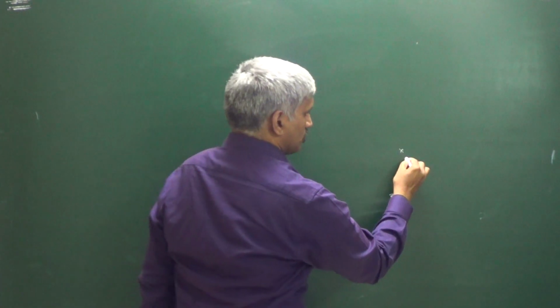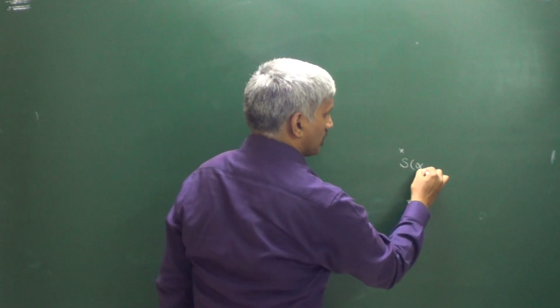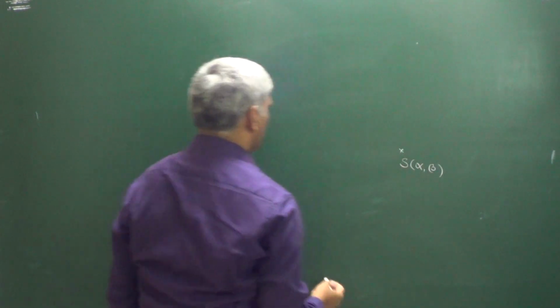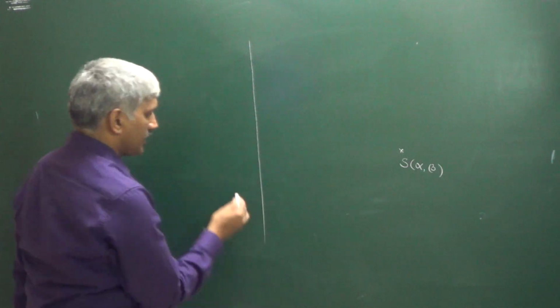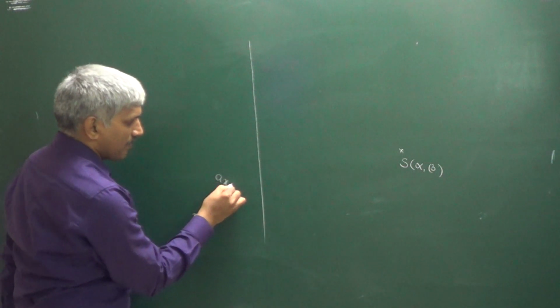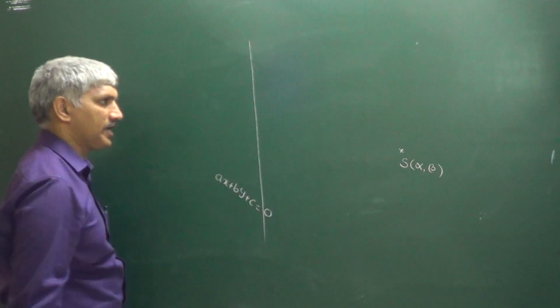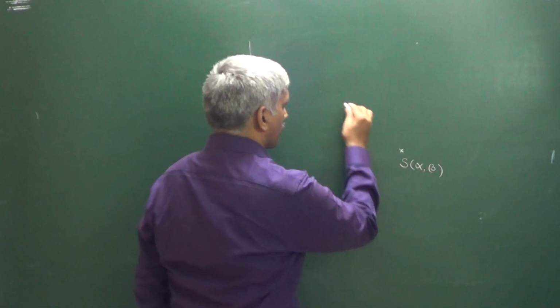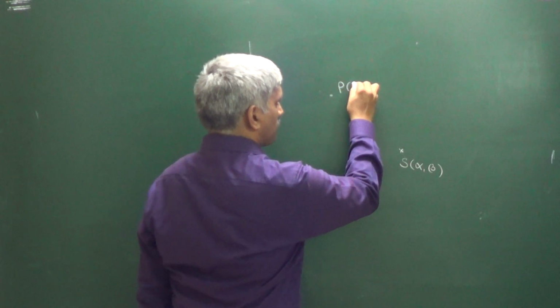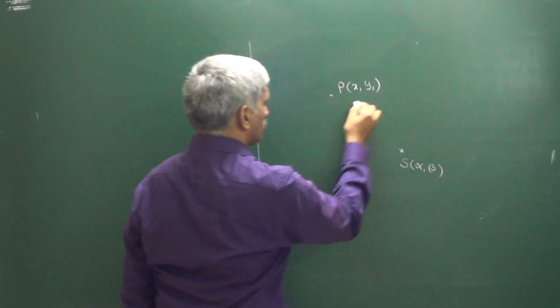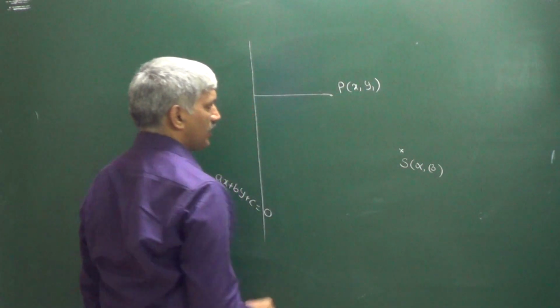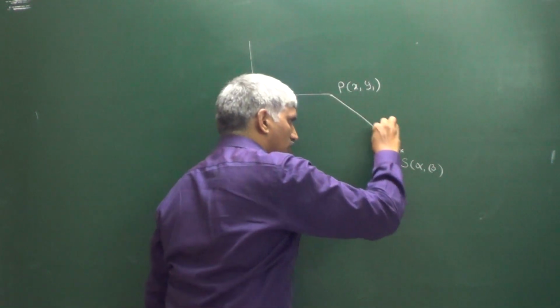Now we are assuming this fixed point as a focus, that is equal to (alpha, beta), and this fixed line we are taking as ax + by + c = 0. According to the definition of a conic section, SP by PM is equal to e. This is the perpendicular distance PM and this is SP.